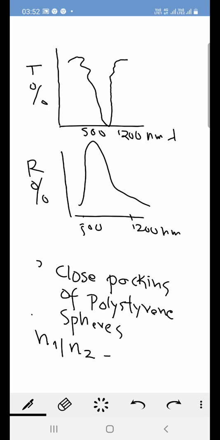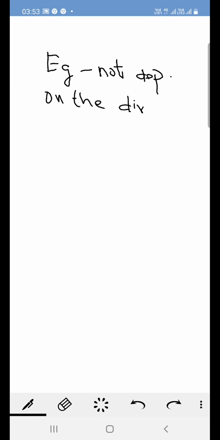The band gap again is not dependent on the direction of wave vectors.